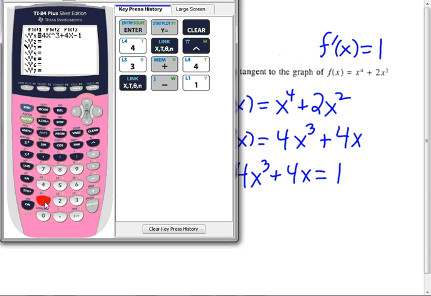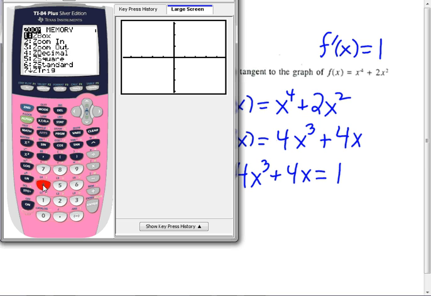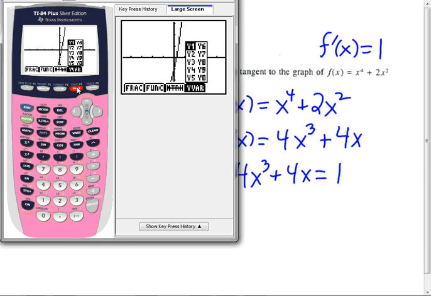I don't have to worry about the y values. I'm going to zoom at 4, and the reason is I've already looked at the answers they're given, so I know it's not going to be very big. And there it is. There's also, if you're interested, a solve button on your calculator. There's the solver in the math menu, which I don't particularly care for. I like the solve button better.